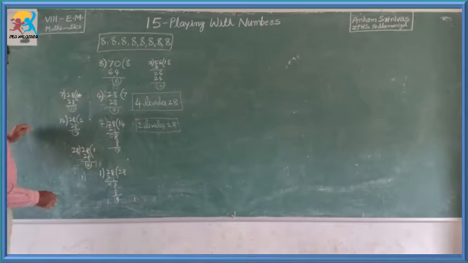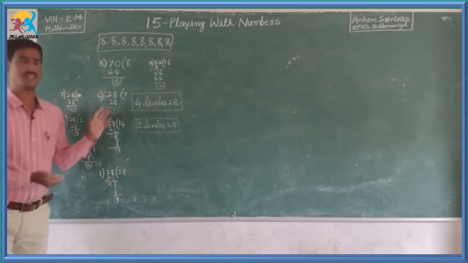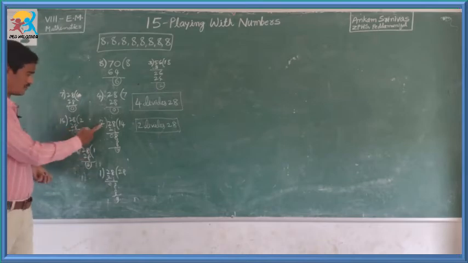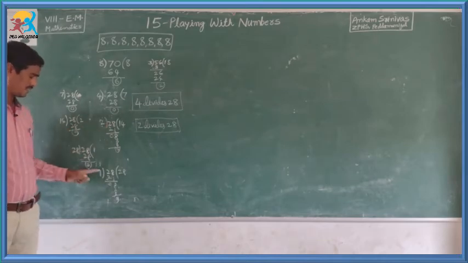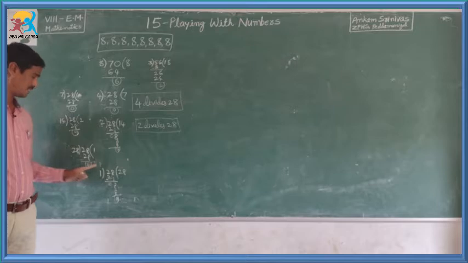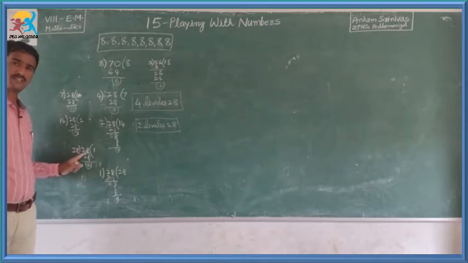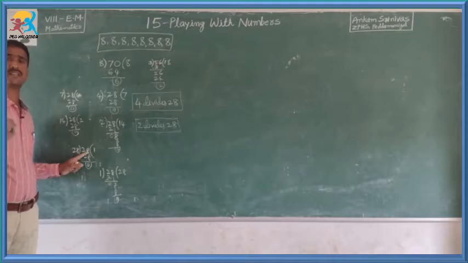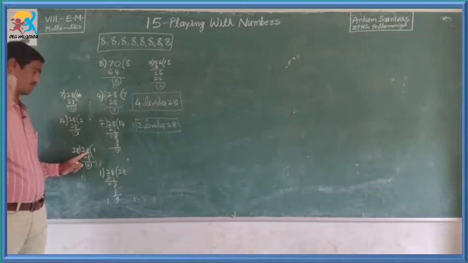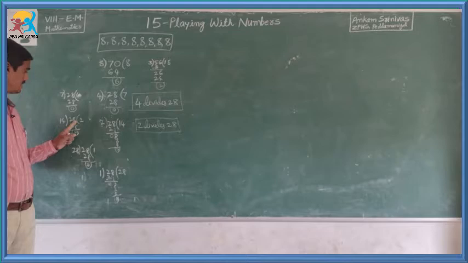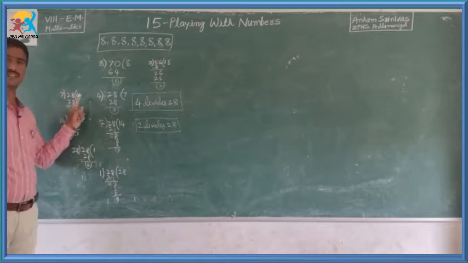If you observe all these problems, 2 divides 28, 1 divides 28, 28 divides 28. Divides means a number divides exactly, with remainder 0. So 14 divides 28, 7 also divides 28.